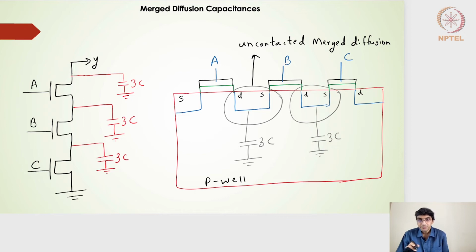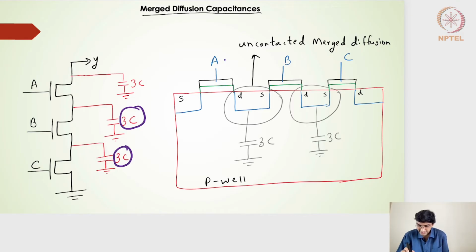Okay, now what do we mean by these merged diffusion capacitances, which we had seen in the last slide? It is nothing but talking about this 3C and this 3C. If I draw the cross-sectional diagram of the pull-down circuit of the 3-input NAND gate, this is what we will get.